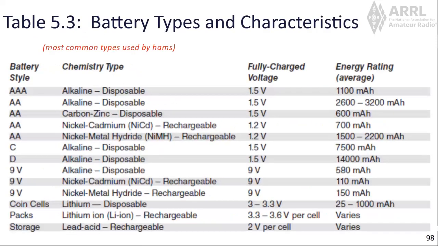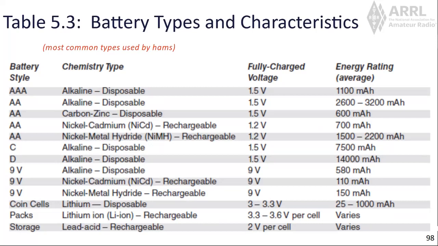Okay. Here's all the different kinds of batteries. We have AAAs, AAs that are disposable. That's your ordinary alkaline battery. You have AAs that are carbon zinc. They're also disposable. You have nickel cadmium. We say NiCads. They are rechargeable.